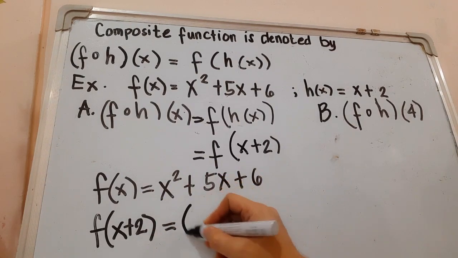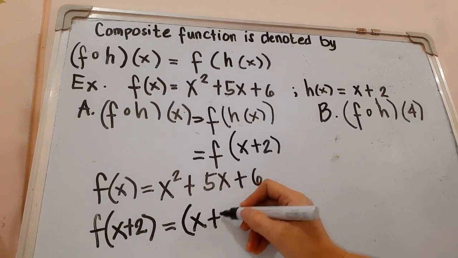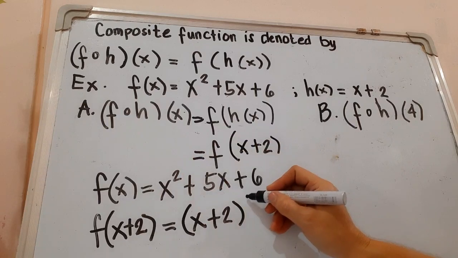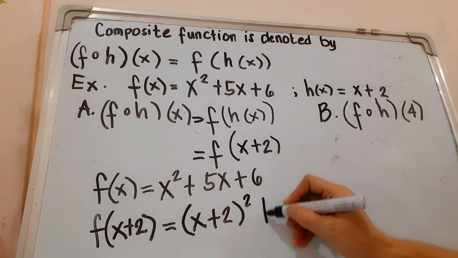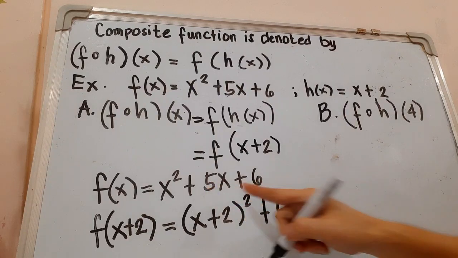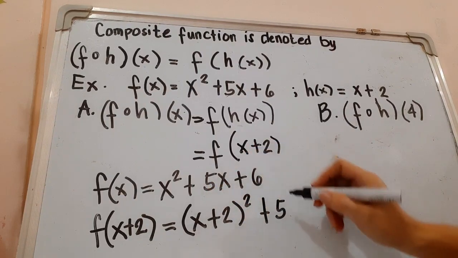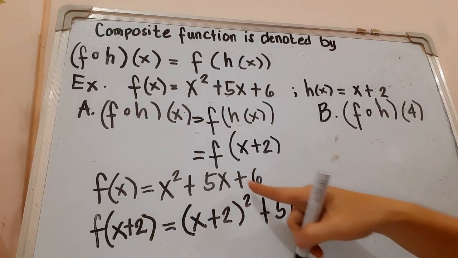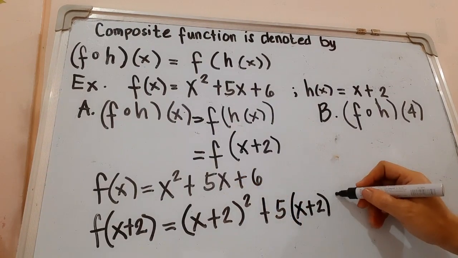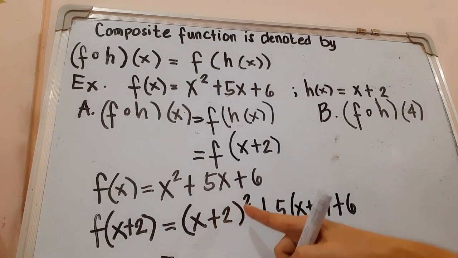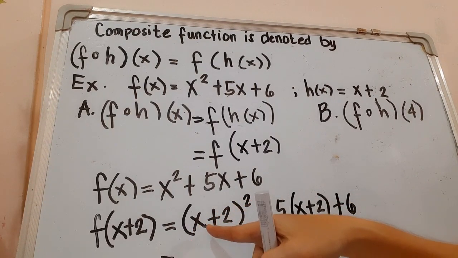So this will become x plus 2 quantity squared plus 5, copy 5, then substitute x with x plus 2, close, plus 6, copy.